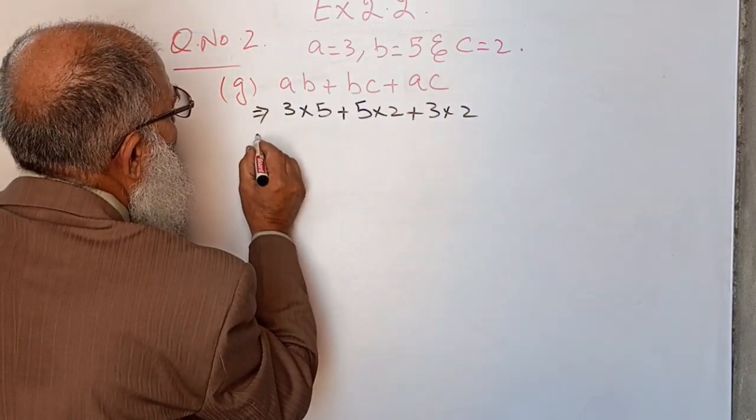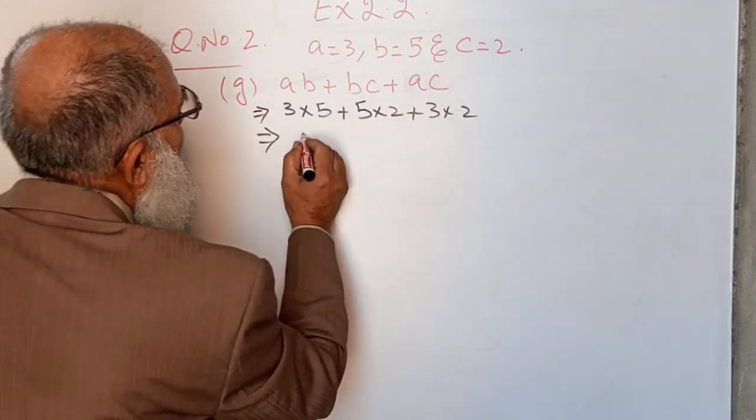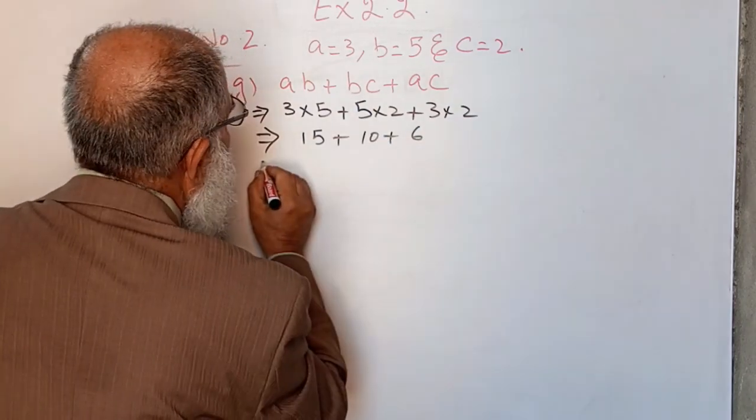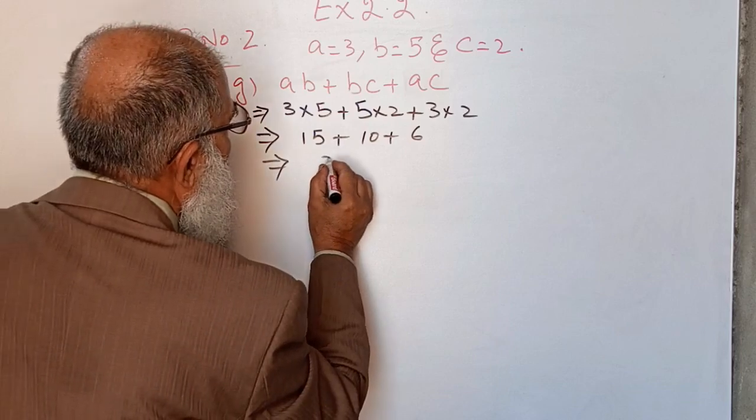So what will it become? Go for the multiplications first. 15 plus 10 plus 6, 25, and 25, 6, 31.